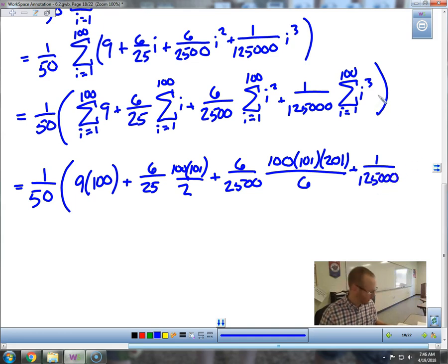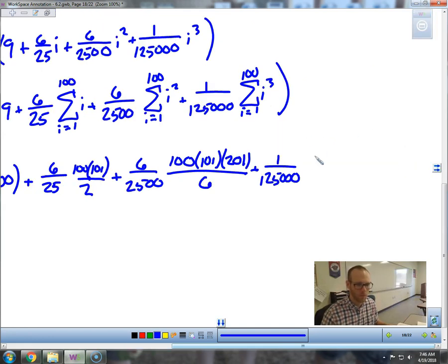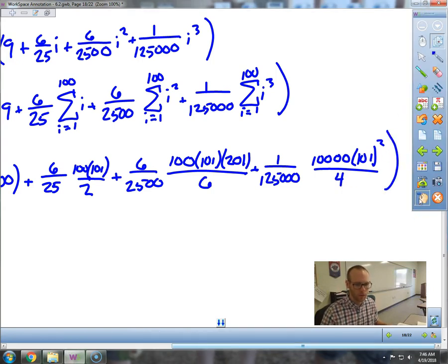And last one, i cubed, is n squared. That's 100 times 100 times n plus 1 squared. I'm just going to write that as 101 squared for now, over 4. Oofda.